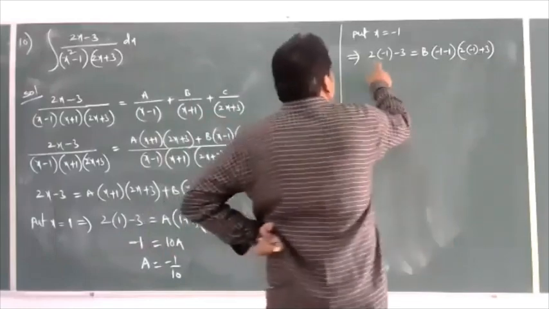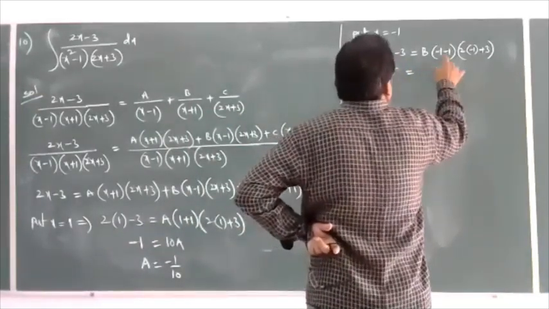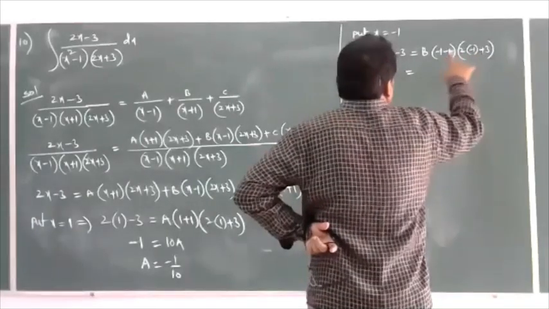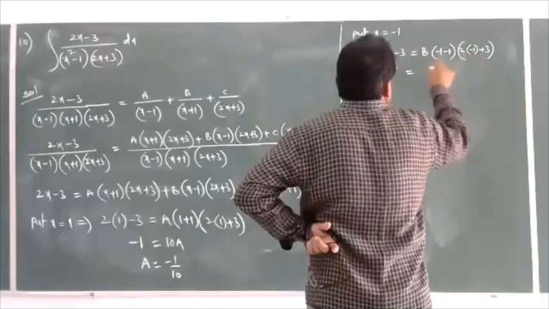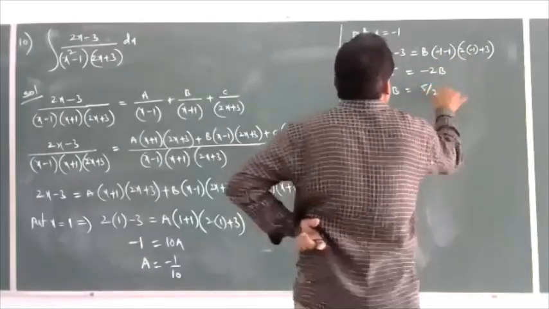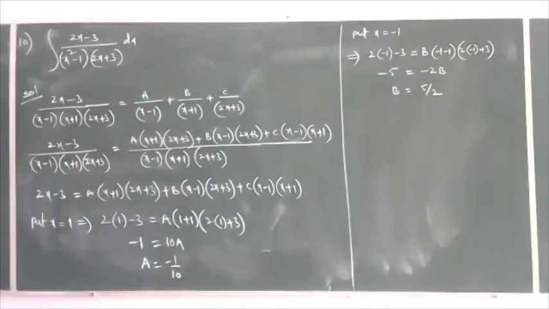So here minus 2 minus 3 is minus 5, equal to minus 2b into plus 1, that is minus 2b, that is b is equal to 5 by 2.